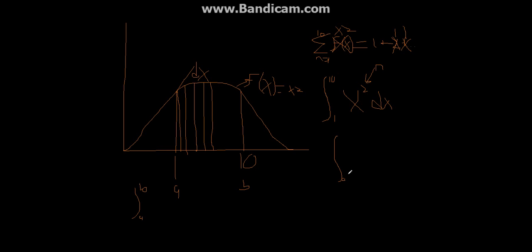We know that the integral from a to b of x to the n d of x is equal to x to the n plus 1 over n plus 1, evaluated from a to b. This is our formula for an integral.